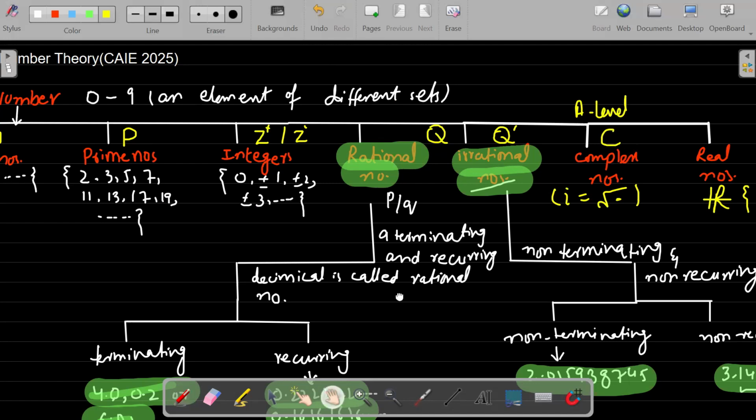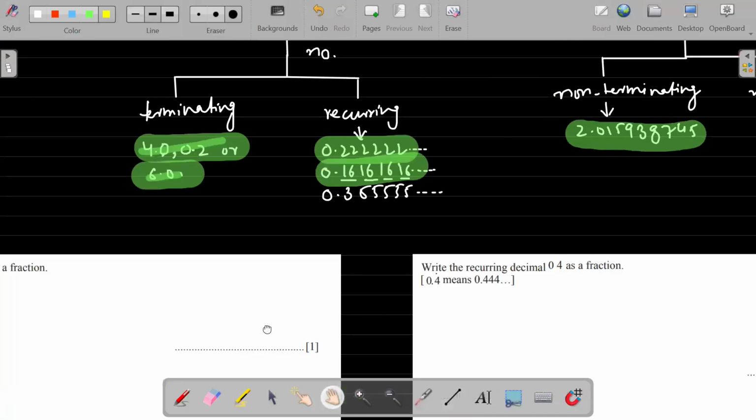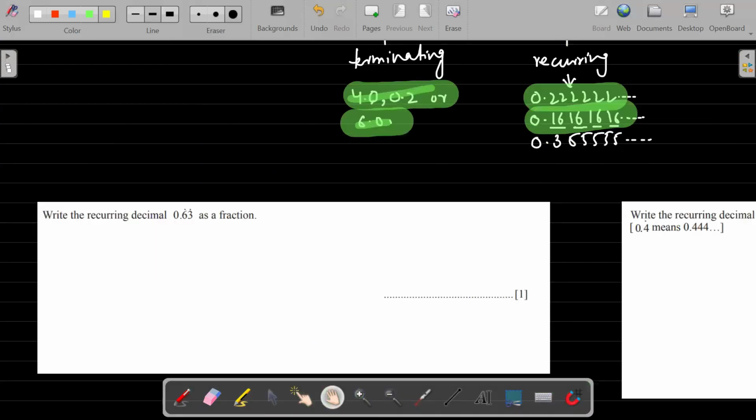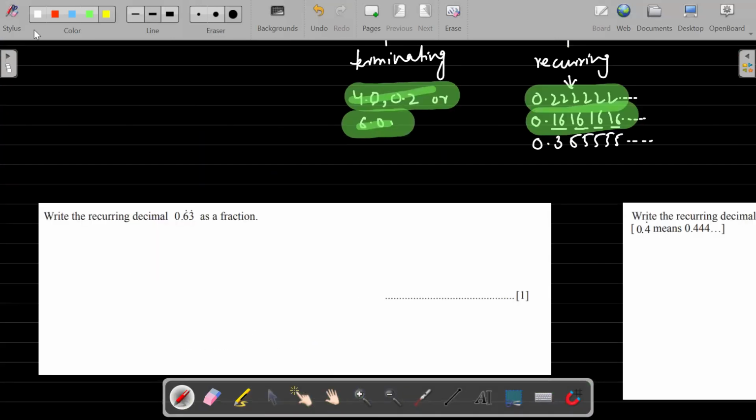Let's talk about examples of recurring and non-recurring decimals now. How can we write recurring decimals?